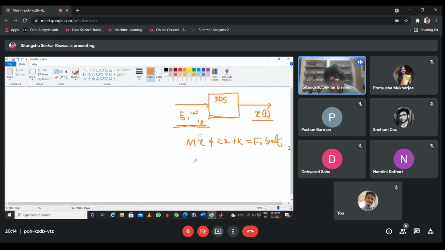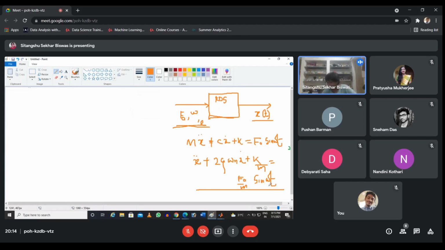And if you take the more abbreviated form, x double dot plus 2 xi omega n x dot plus omega n square x, where k by m is omega n square, is equal to F0 by m sine omega t. This is the thing.